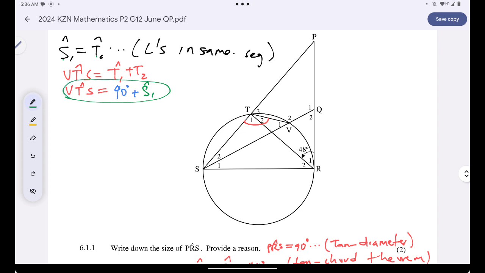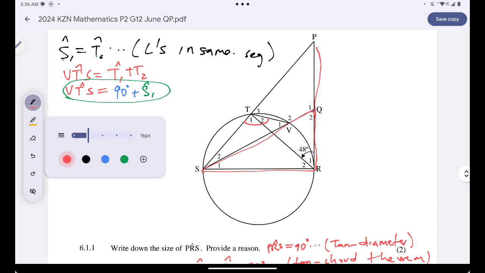So now you must find the size of angle PQS, which is Q1. Okay, how can we do that? We know that Q1 is an exterior angle of a triangle. We have a triangle there, PQR, and that's the exterior angle. This simply means that this angle here is equal to the sum of the interior opposite angles.